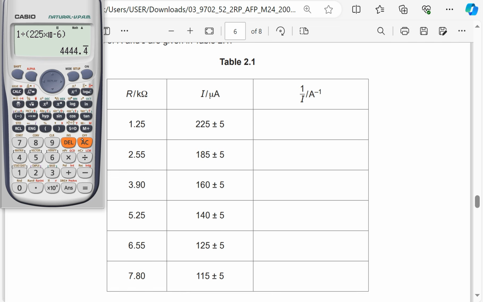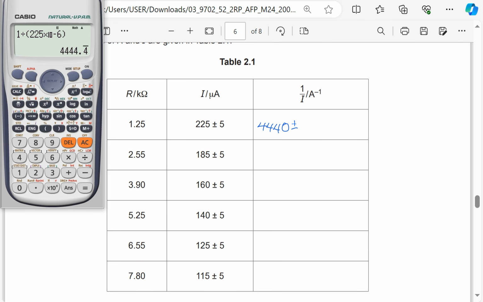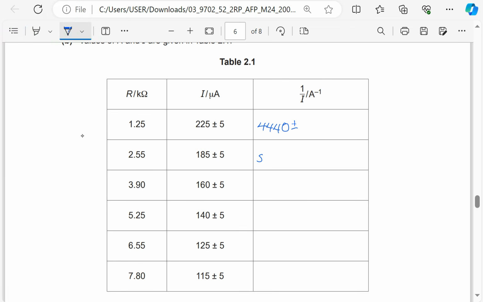So I'll write 3 significant figures: 4440 plus or minus. The next one is going to be 1 divided by 185 exponent minus 6, so this is 5410 plus or minus.